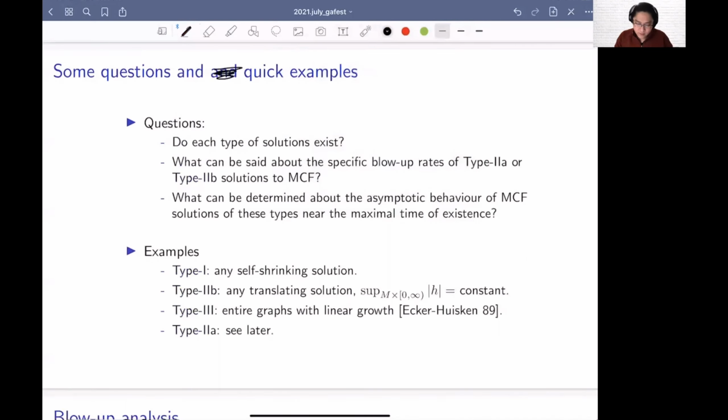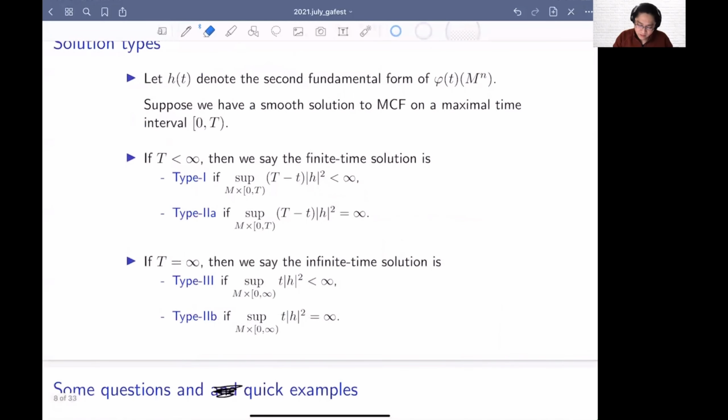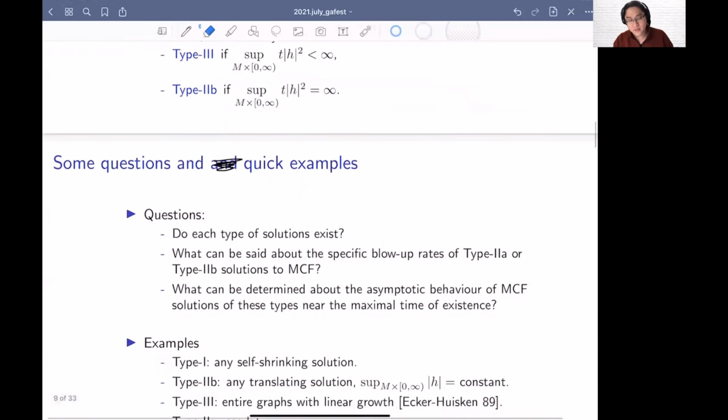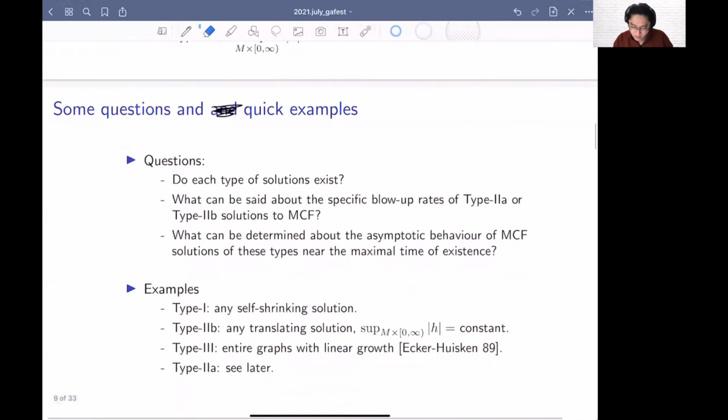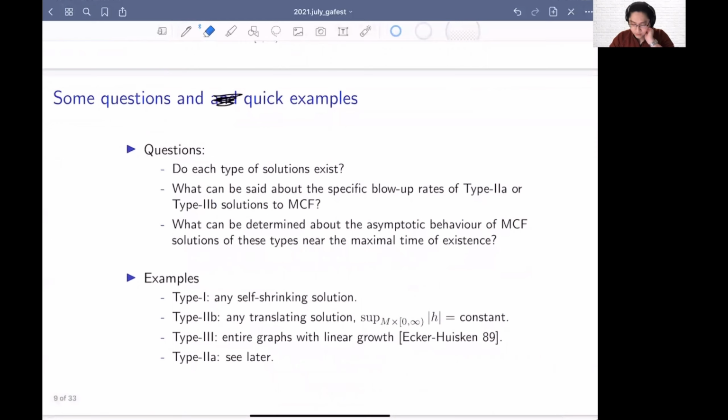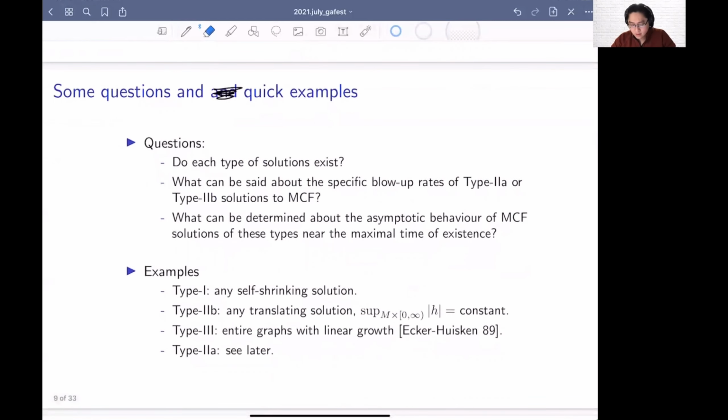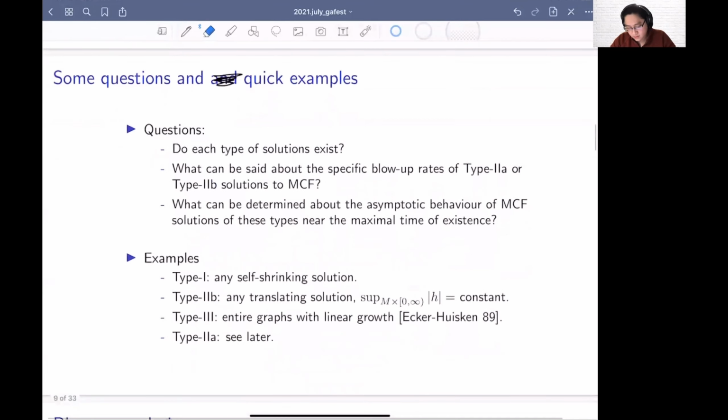Because for type 1 and type 3, the blowup rates are already given. But for the 2A and 2B case, there's much more freedom. And also, if we have such solutions, what can be determined about the precise asymptotic behavior near the maximal time of existence? So these are natural questions.